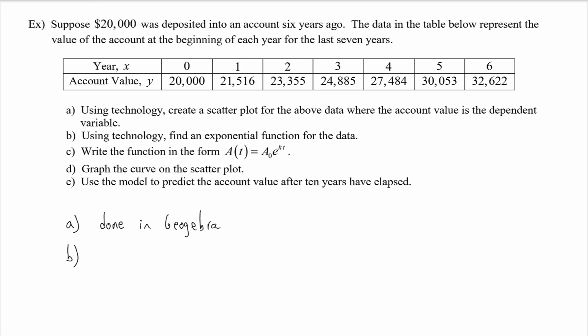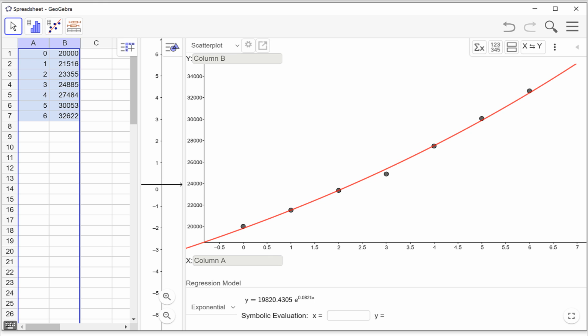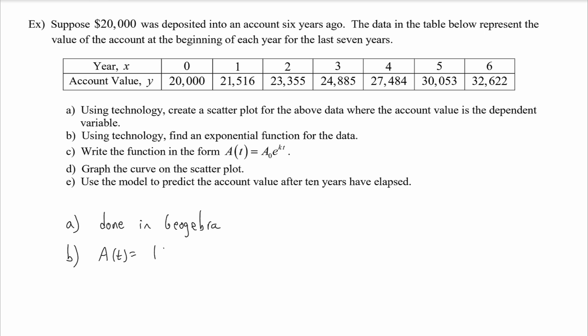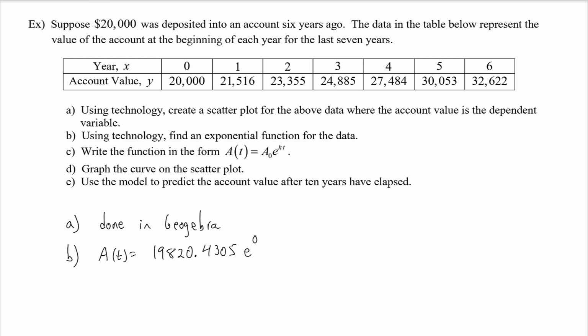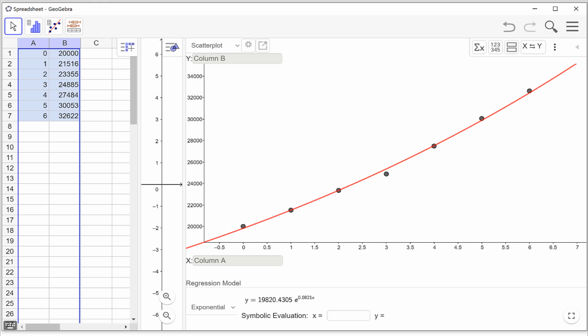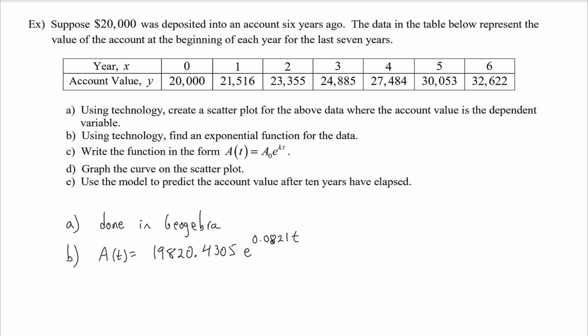So it's going to be A of t, so the amount is a function of time, 19,820 times 0.4305 e to the 0.0821 t. I think I got that copied down right. Okay.